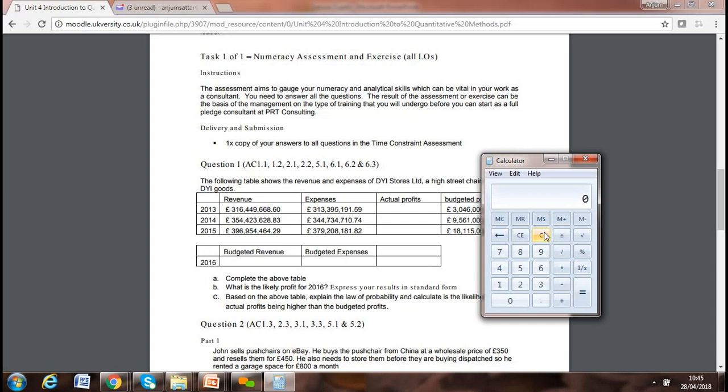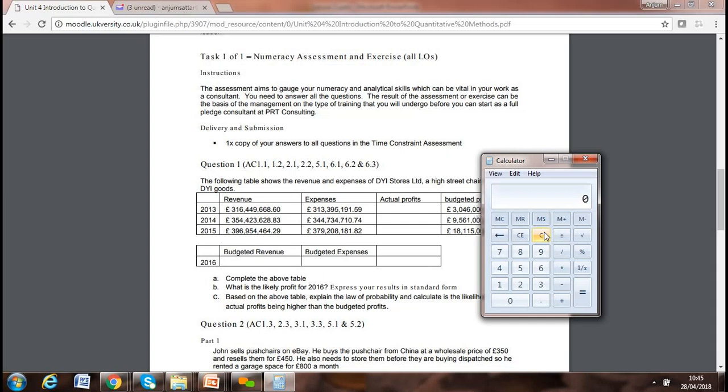Then look at the change between 2014 to 2015. Our expenses are increasing higher than our revenue. Our revenue increased by 19%, 20%, 1.19, but our expenses may be increasing higher than the revenue. That's why our actual profit is less than the budgeted one.